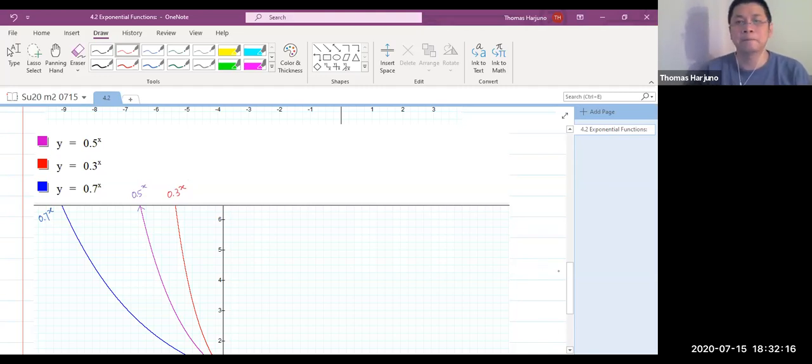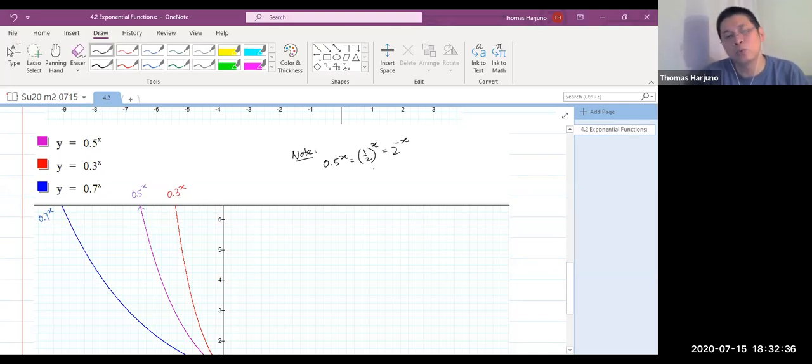Okay. You can also see the following. I give you a little example, like 0.5 to the x, for example. That's 1/2 to the x, right? Which we can write as 2 to the negative x.